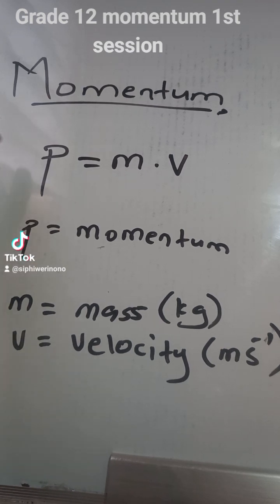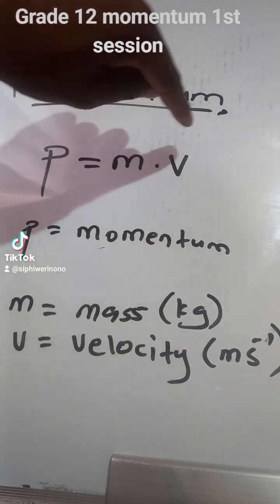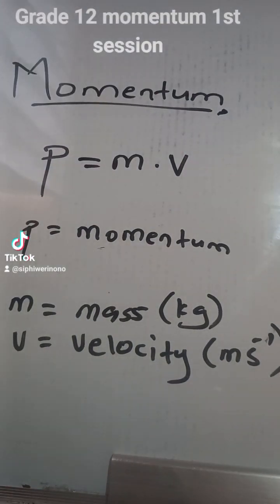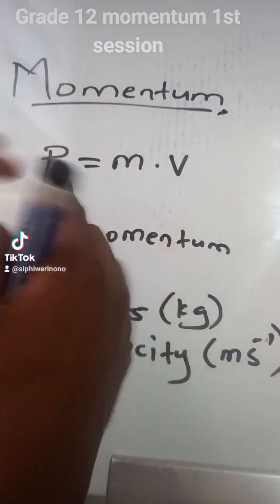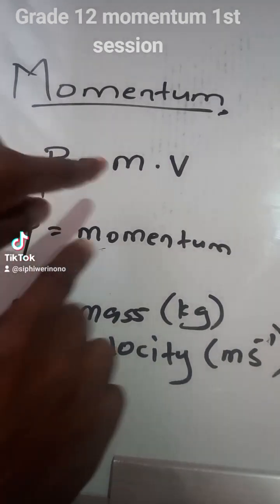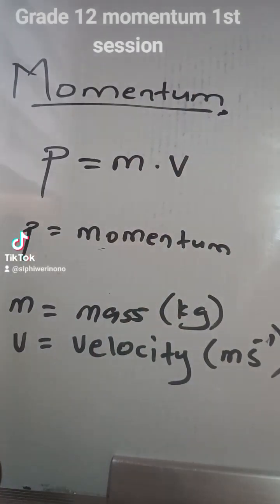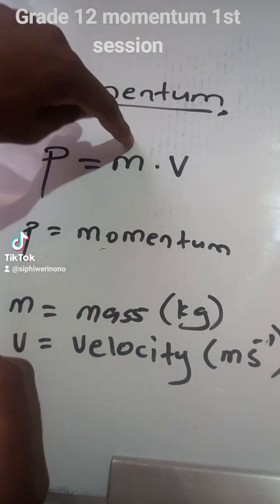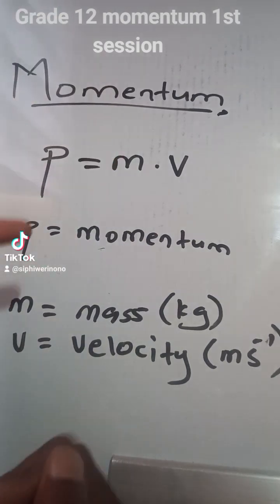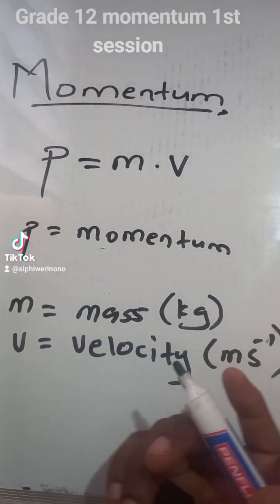Now let's go back to momentum. P is your momentum, M is your mass, and V is your velocity. Because momentum is the product of the mass and the velocity, what is the SI unit for mass? The SI unit is kg. The SI unit for velocity is meters per second.